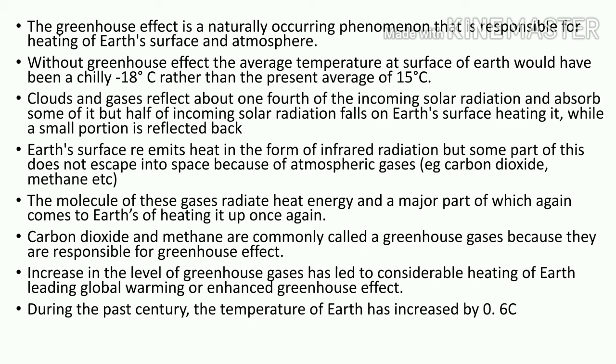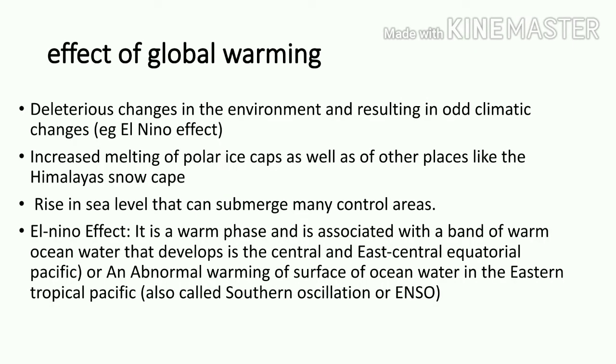During the past century, the temperature of the earth has increased by 0.6°C. Then what are the effects of global warming? As we already know, in the present situation global warming is a major issue.